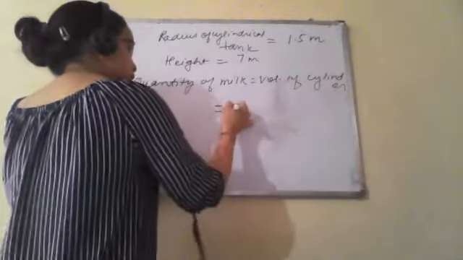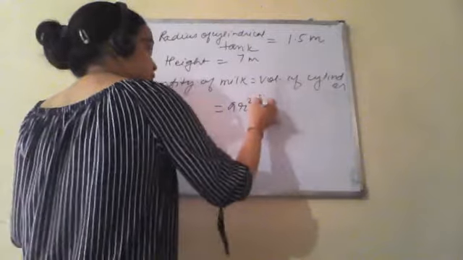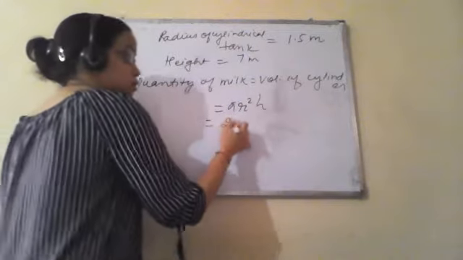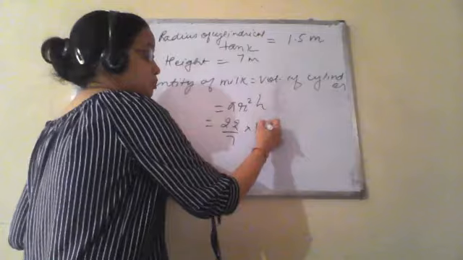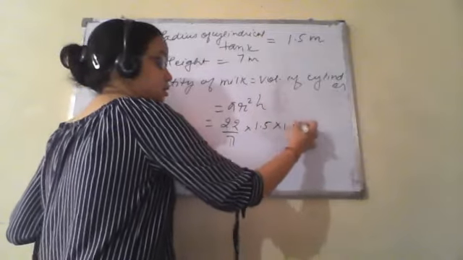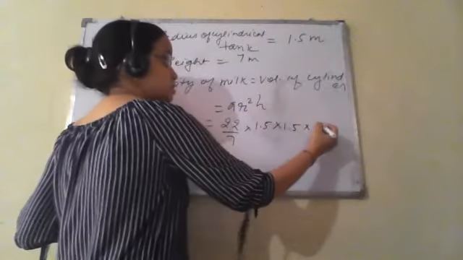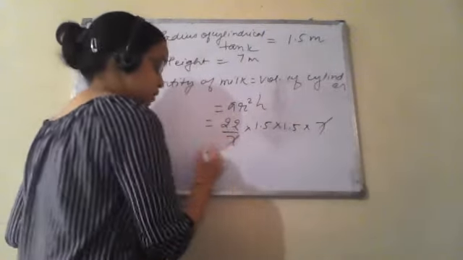So this is pi r square h. So pi is 22/7, r is 1.5 and this is 7. So this can be cancelled out.